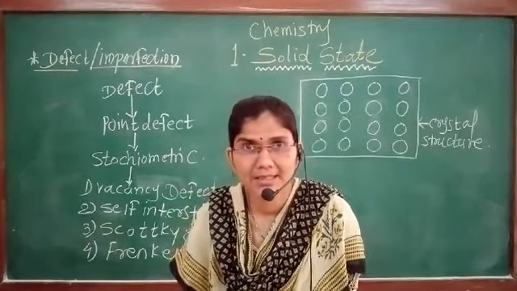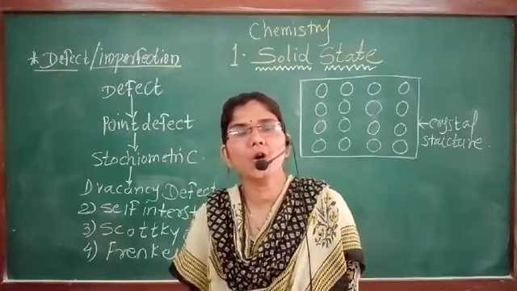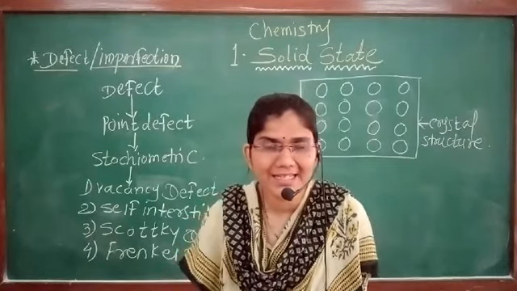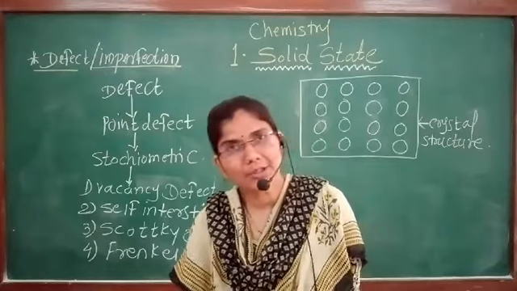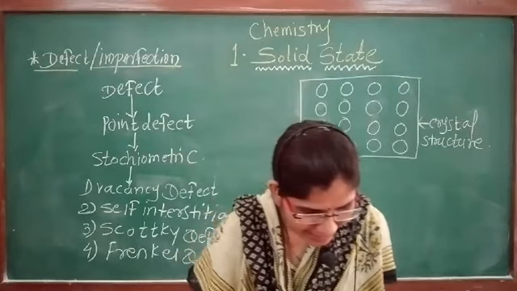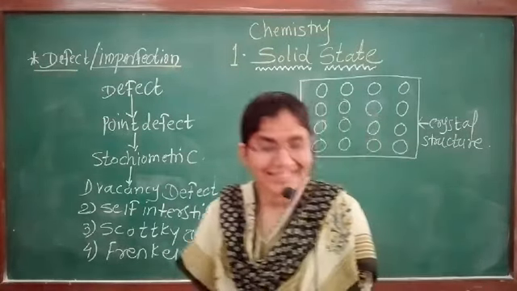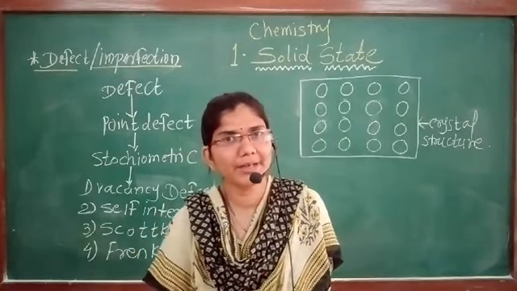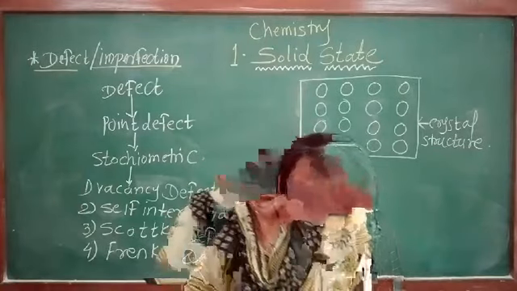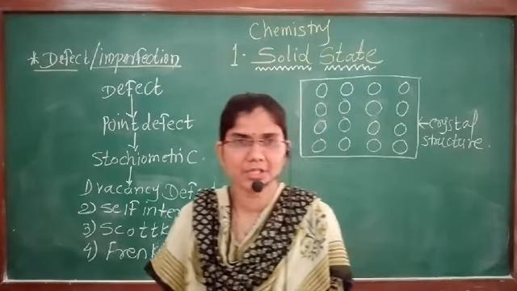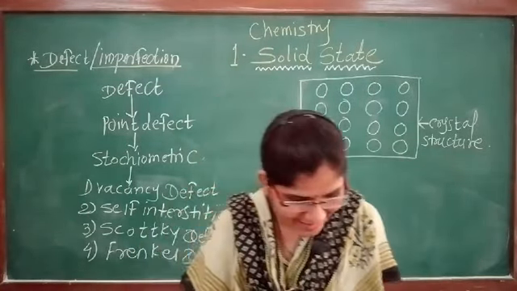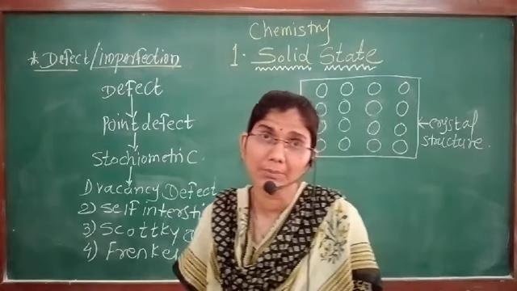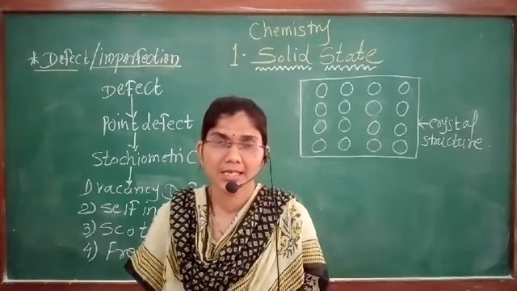That means the ratio of the number of cations and the number of anions remains the same, and it is represented by a chemical formula. In stoichiometric defects, the ratio of the number of atoms, or the number of cations and anions of the compound, remains the same.